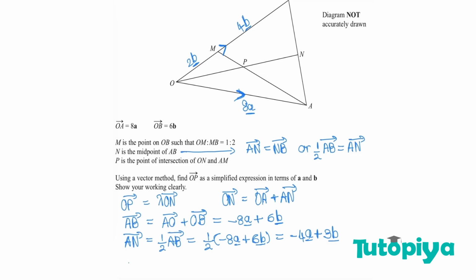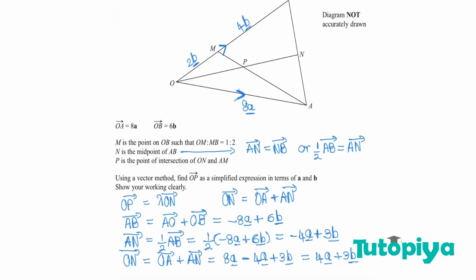So remember, the next part that we have to work out is ON. So ON is basically, as we have found, OA plus AN. OA is just what was given in the question, so that's 8A, and AN is what we have just identified here as negative 4A plus 3B. So the total of this is going to be 4A plus 3B.